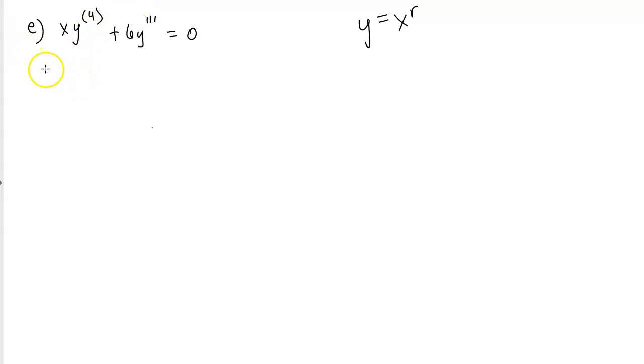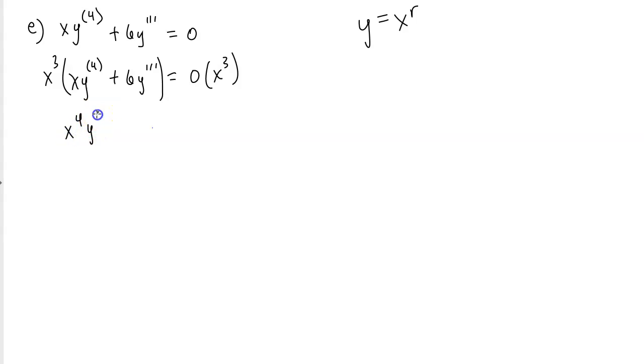However, if we were to take this equation here, and I'm going to rewrite it here. If we were to take this equation and then multiply both sides of it by x cubed, then what you would end up having here is x to the fourth derivative of y, plus 6x cubed, third derivative of y, equals 0.